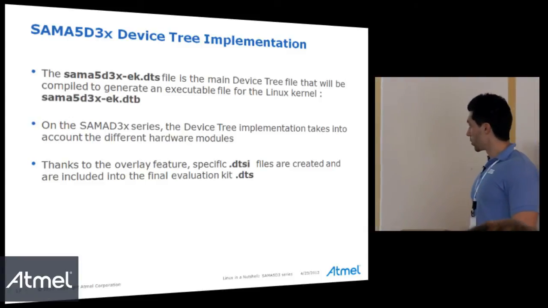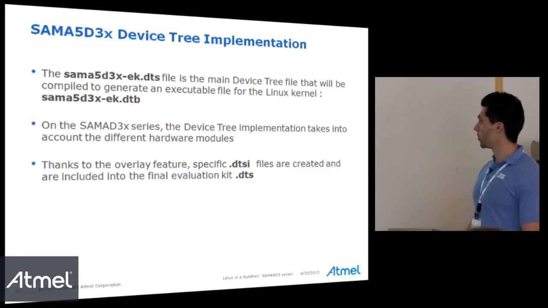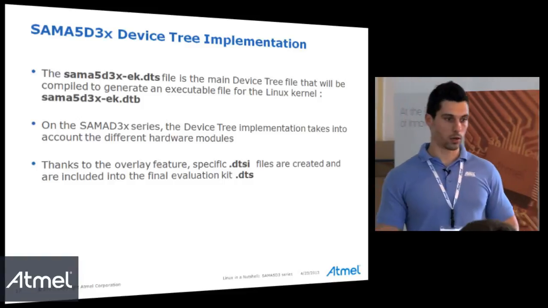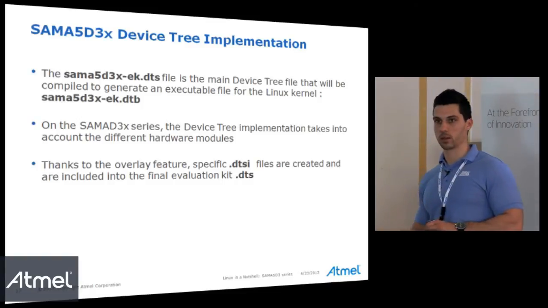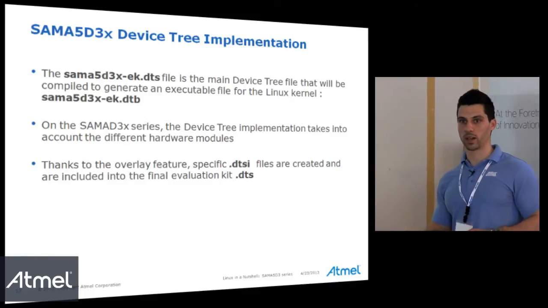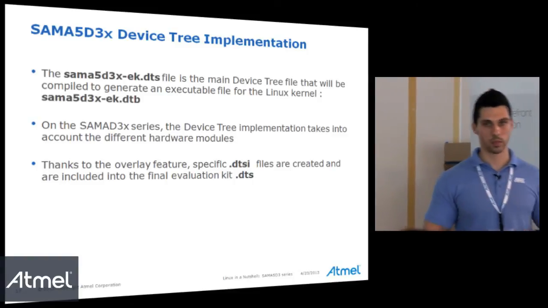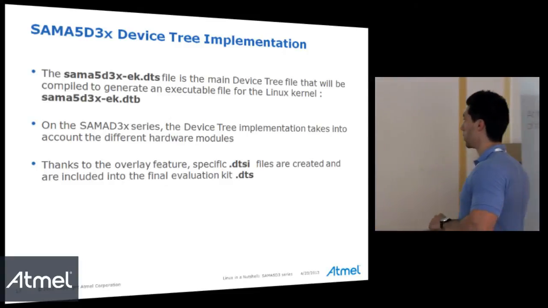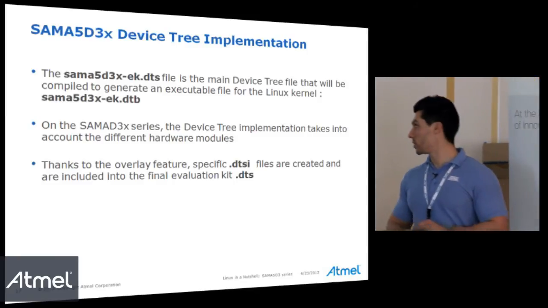The device tree implementation we made takes into account the different hardware modules, because as you already know, on the different variants of the SAMA5D3, you have a different set of peripherals. For example, on some variants, you don't have an LCD controller or only one Ethernet port. So you have to take into account those differences when implementing a device tree for the SAMA5D3.